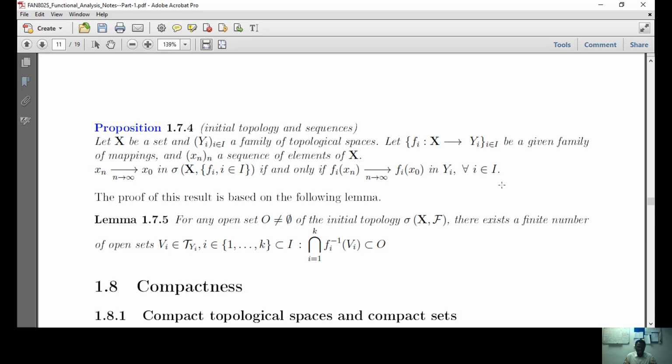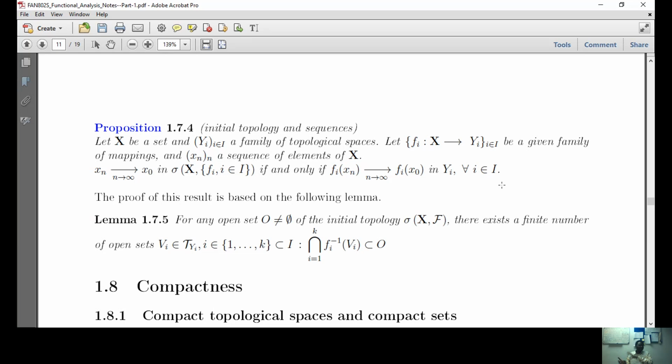So this is what we call sequential convergence, right? Because if you take the initial topology, all these functions f sub i are continuous. That's what the initial topology means. So now you are told that if for each i, the image of x sub n by f sub i converges to f sub i of x0, then in fact it's an equivalence.